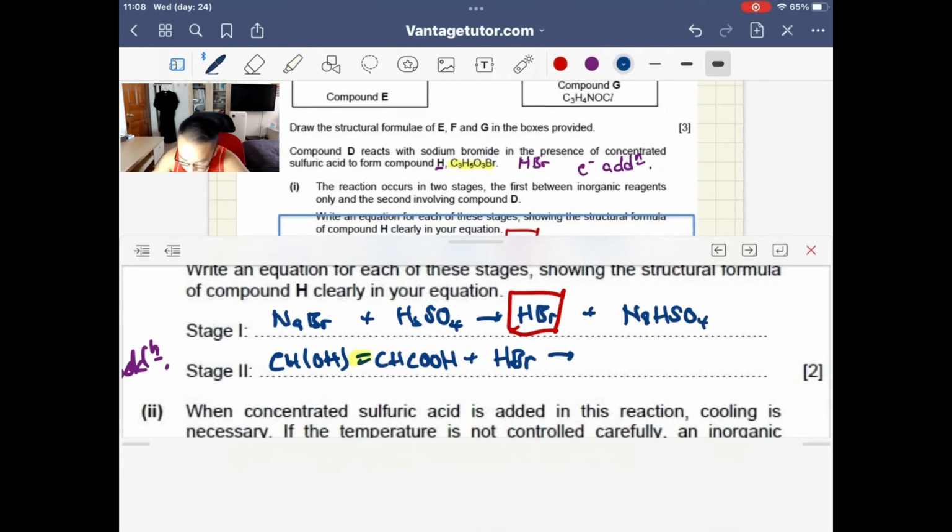You can draw either way of adding it, that means either the H on the left and Br on the right, or you swap it around. Doesn't matter. They didn't ask for major or minor product, neither can you justify, neither do you need to justify. So it's just CH, now instead of CH itself, just CH2, then bracket OH, then this will be CHBrCOOH.